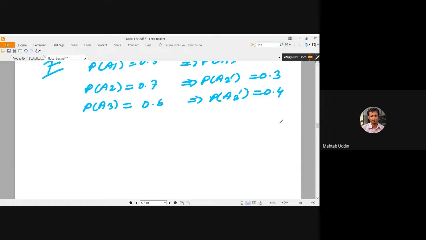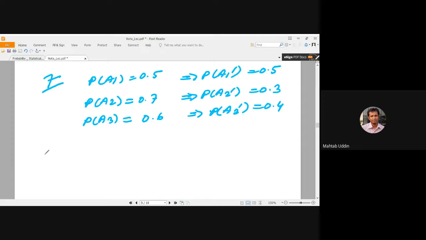Now look at this. It said that exactly 1 player successful. So what is the probability of, say we are taking A, exactly 1 player successful. That is what? Probability of, say, A1 successful, then A2, A3 fail, right? Plus, say A1 fails, A2 successful, then A3 fail, right?